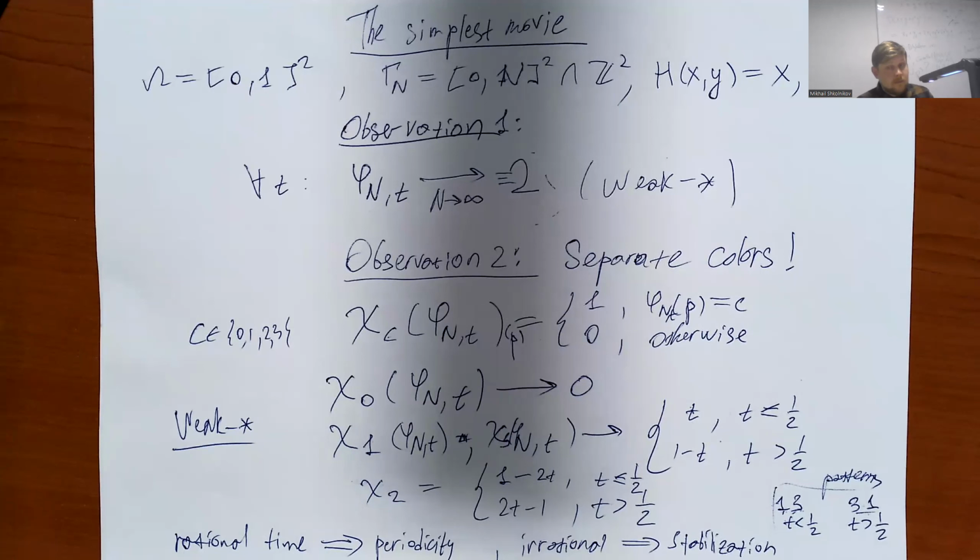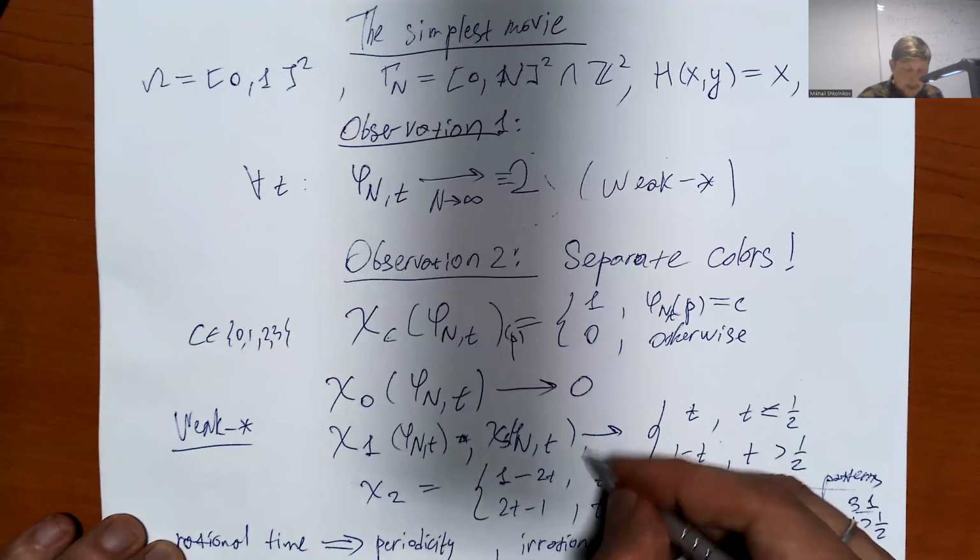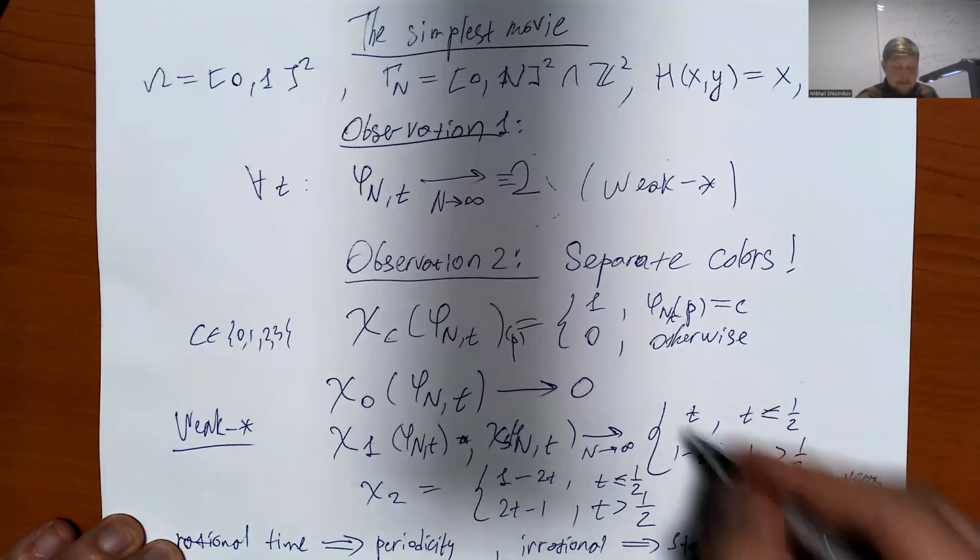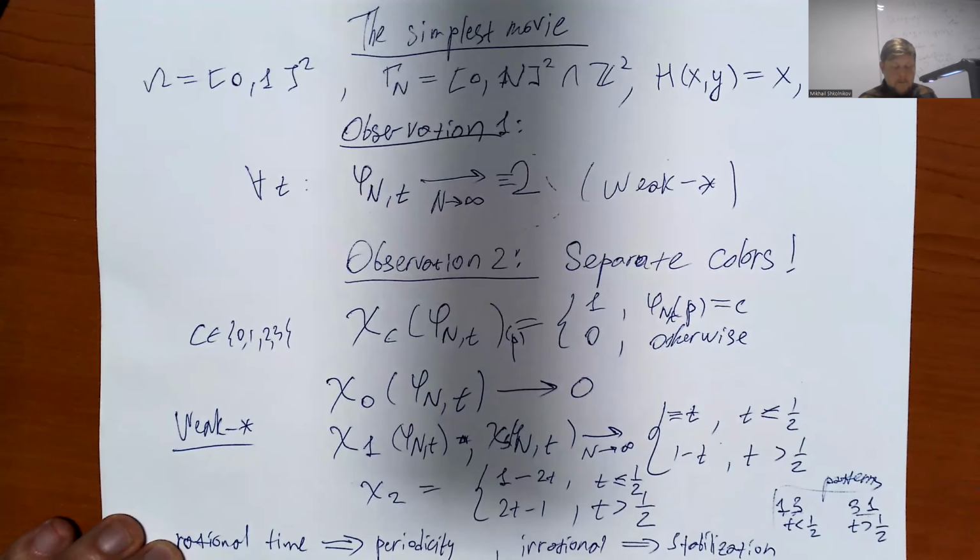So you are letting n tend to infinity, and you're fixing t. And you are getting something that sounds kind of funny, because you are not getting an integer.